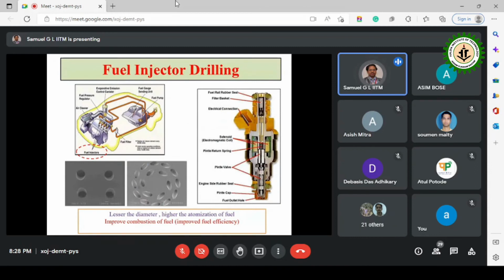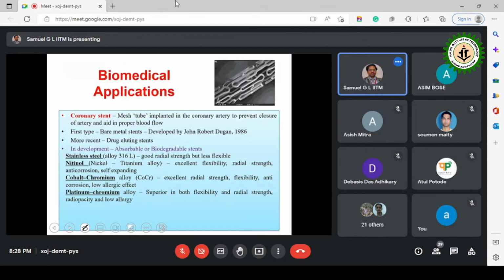Not only that, we can use these lasers for making the holes in fuel injectors. In the nozzles, we need very, very small holes, and the material usually will be very hard because it should not get worn out during the operation. So hard materials and small diameter holes are required. In that kind of a case, laser is the best option.